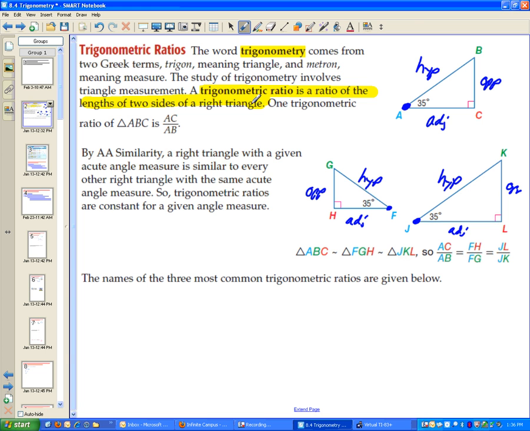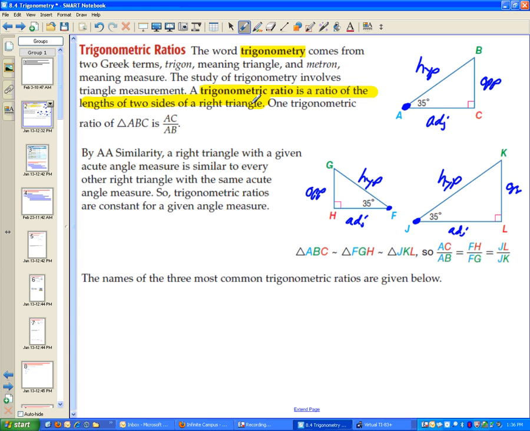And by the way, since all three of those triangles have a right angle and a 35-degree angle in them, what's true about those three triangles? They're all similar by angle similarity, aren't they? So they're all similar to each other.